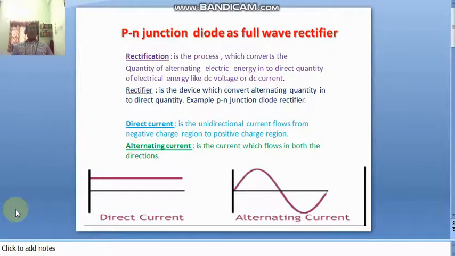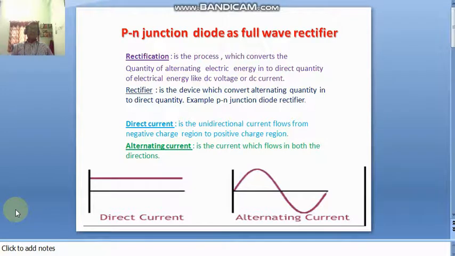The process goes through a diode, therefore it is said to be the rectification process. The rectification process can be done by a device called a rectifier. That means a rectifier is the device which converts an AC current or voltage into DC.